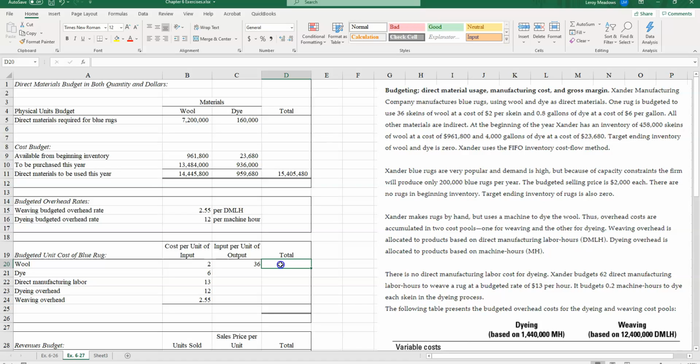Well, the per unit cost of wool is going to be $2 times 36, and that's going to be $72. Let's take a look at dyeing. It takes $6 per gallon. And how many gallons do I need per rug? Well, 0.8. So if I take 6 times 0.8, that should give me $4.80 per rug. And let me go ahead here and just format this a little bit better.